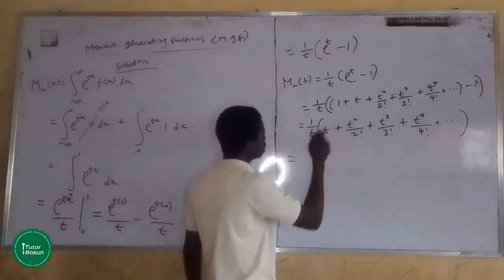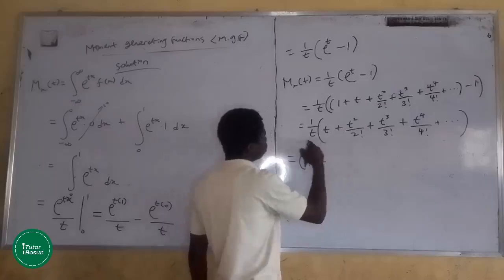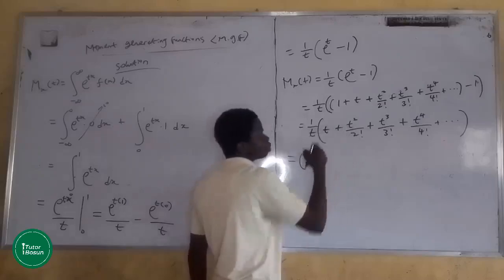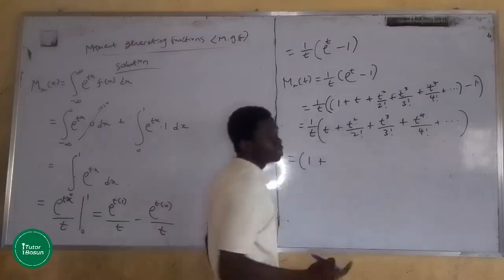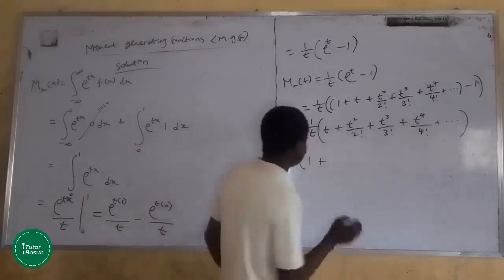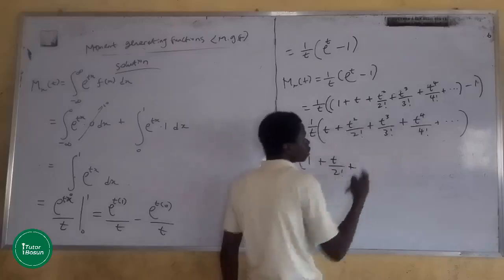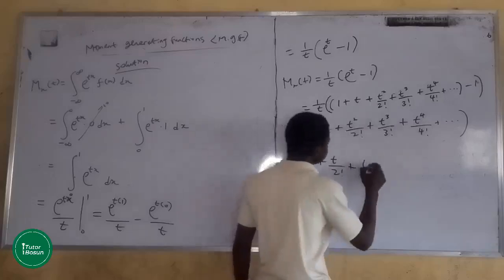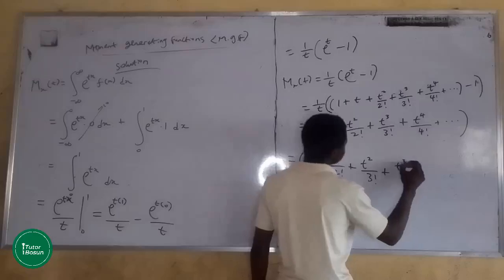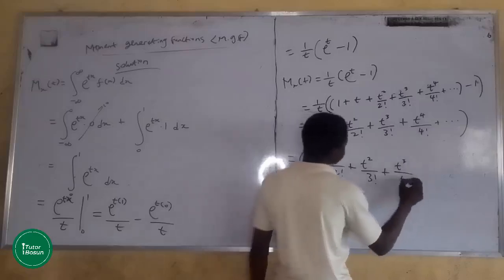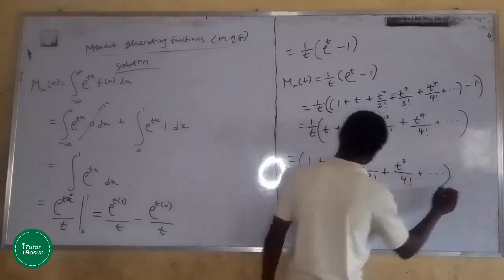So using 1 over t to multiply this expression, you'll be left with 1 over t multiplied by t, which gives 1. 1 over t multiplied by t squared cancels one of them, so you'll be left with t over 2 factorial, plus 1 over t multiplied by t cubed gives t squared over 3 factorial, plus t raised to power 3 over 4 factorial plus dot dot dot.